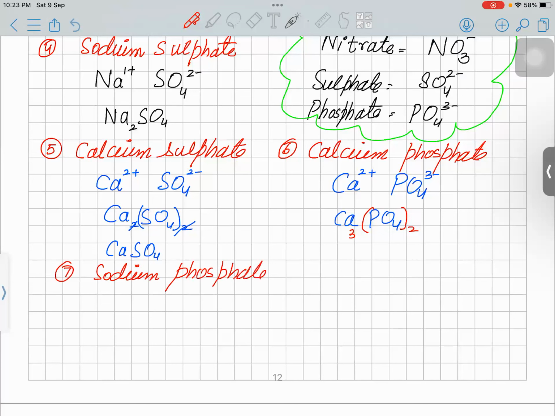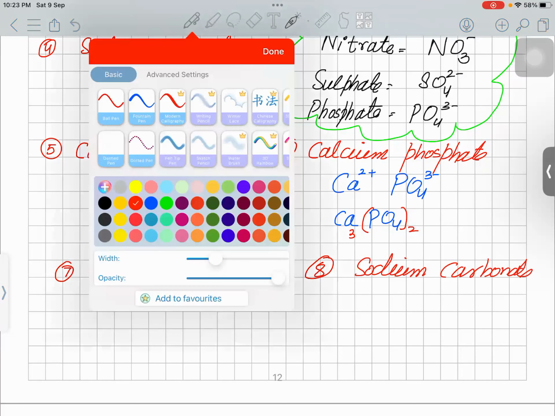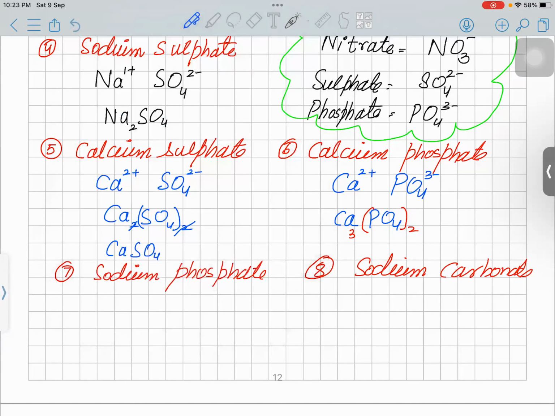So the last question for today is sodium phosphate and sodium carbonate. What is the symbol for sodium? Na. Na plus 1. Carbonate is CO3 2 minus.